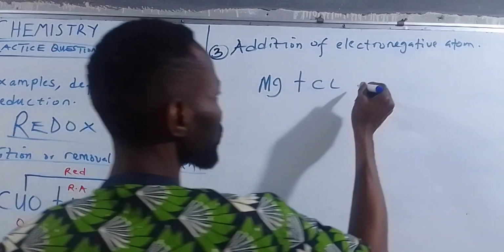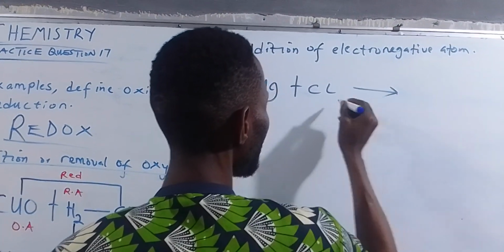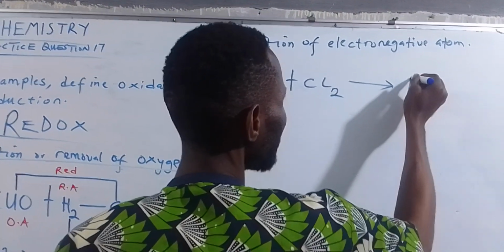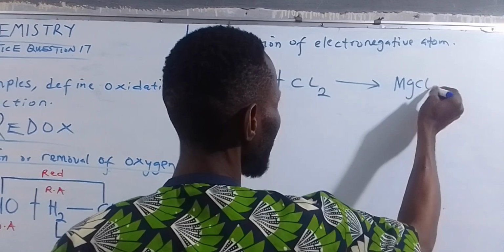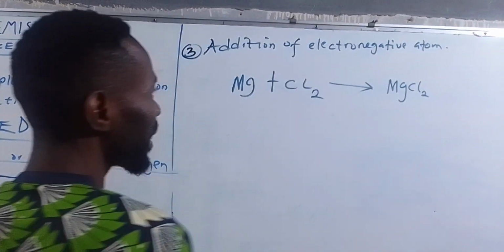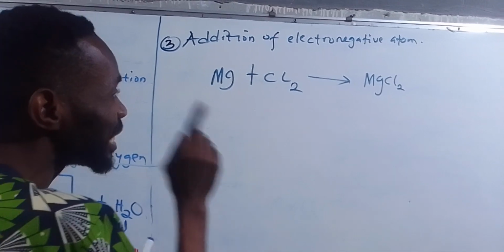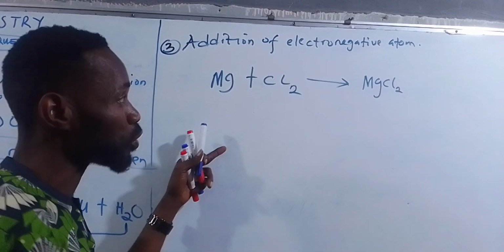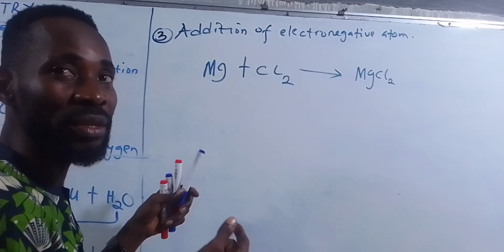In this reaction, this is supposed to form magnesium chloride, MgCl2. Now, here in this reaction, the addition of electronegative atom to a substance is what we call oxidation.